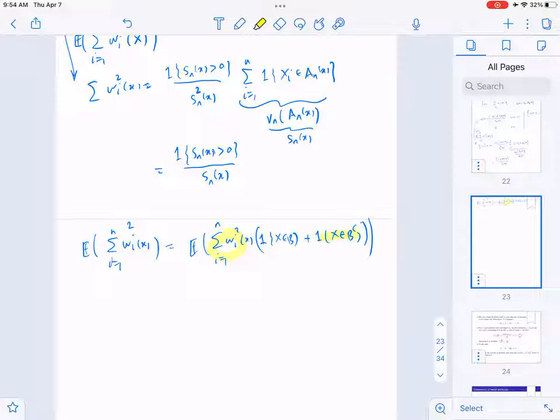So what I'm going to get is the expectation of W_i squared(X) times the indicator of X in B, plus, this is an inequality, the probability of X in B complement. Okay, this is the part that I can make as small as I wish by making B big enough. Are we good?